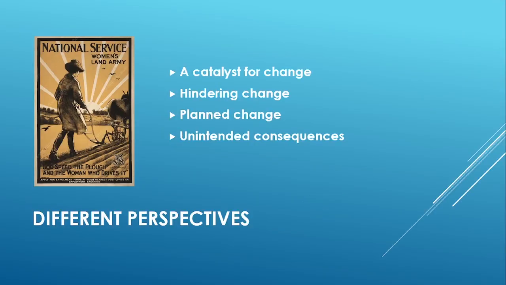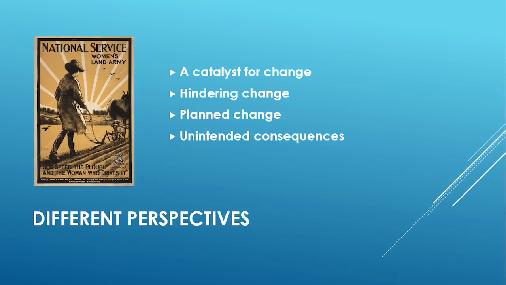Now, there are a number of ways of looking at the effects of wars. Wars can be seen as a catalyst for change, like World War I and the Russian Revolution, or as accelerating processes already in motion, so that changes should be seen within long-term trends, like the change in the status of women after World War I, with some women gaining the vote.